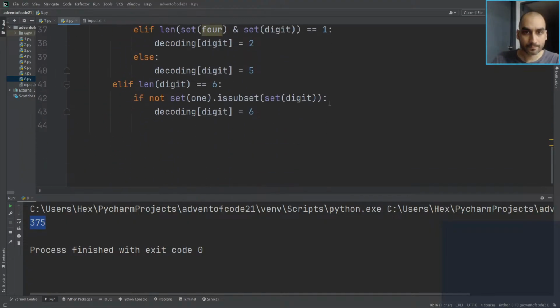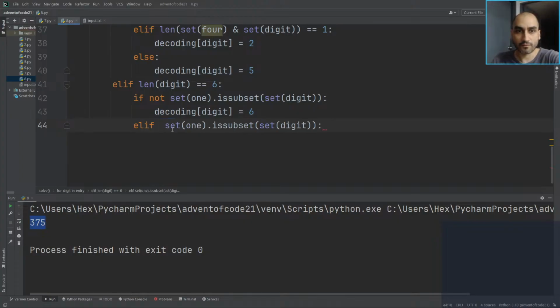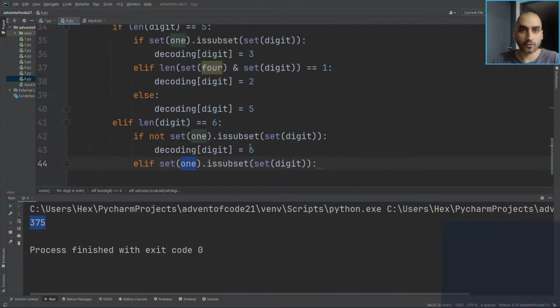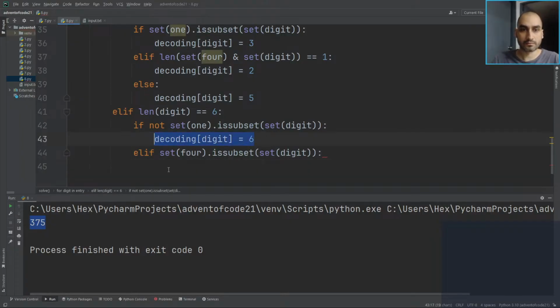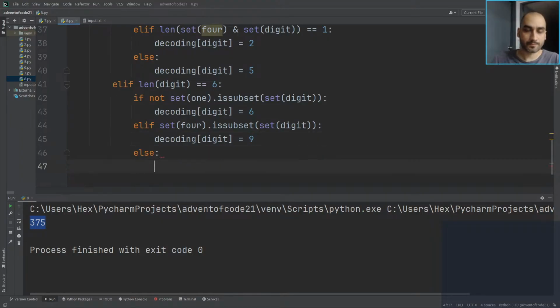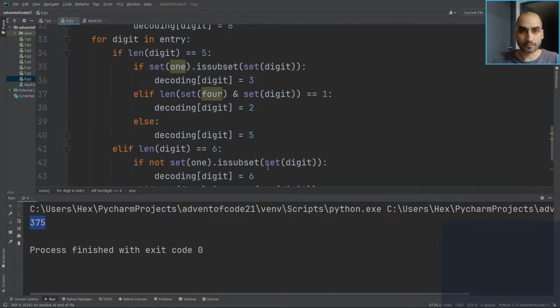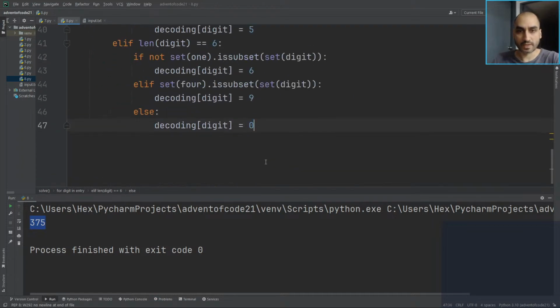So elif set 4 dot is subset of that, then it's a 9. Else it's a 0, and that's everything.